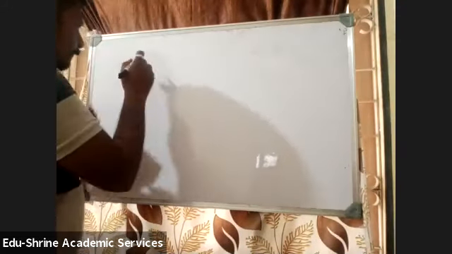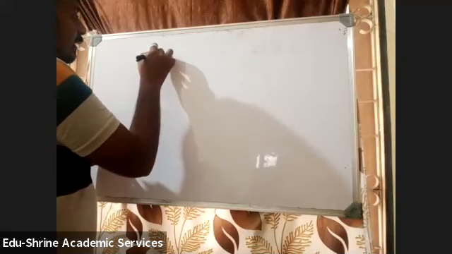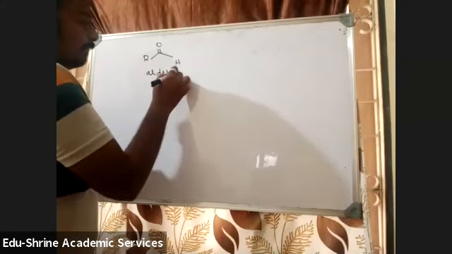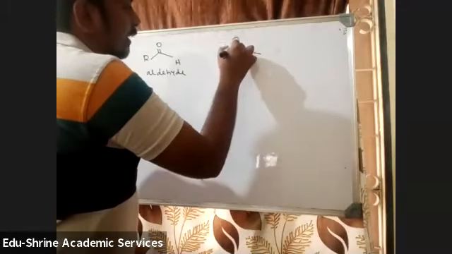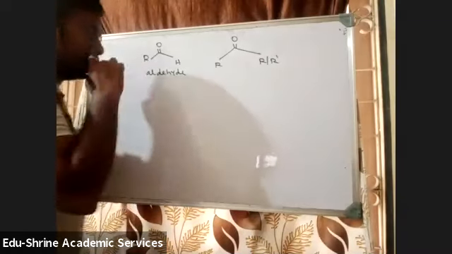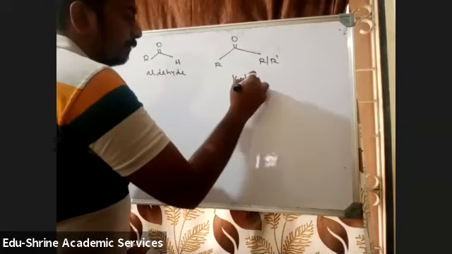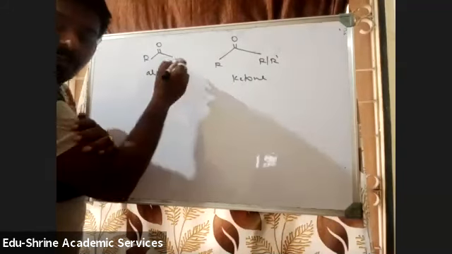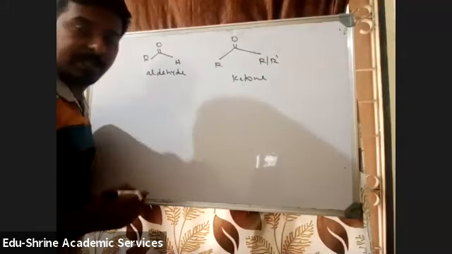See here. Aldehydes have the general formula RC double bond OH. This is an aldehyde. Ketones have the general formula RC double bond O R or R dash, whatever it may be. So this is a ketone. Now, hydrogen generally does not offer any electron donating tendency.